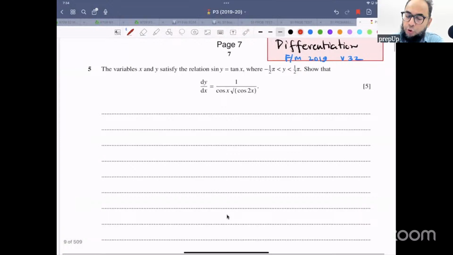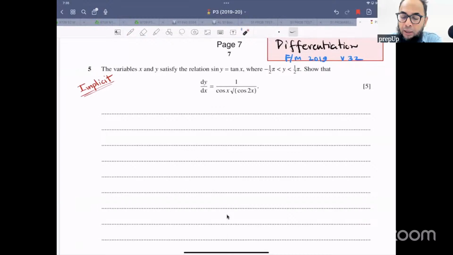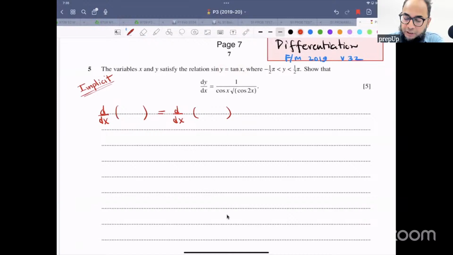So you realize that this is a scenario of differentiation of implicit functions. That is the first thing that you realize. Why? Because there is a y over here, there is an x over here. So the first thing that I should do is differentiate both sides with respect to x.